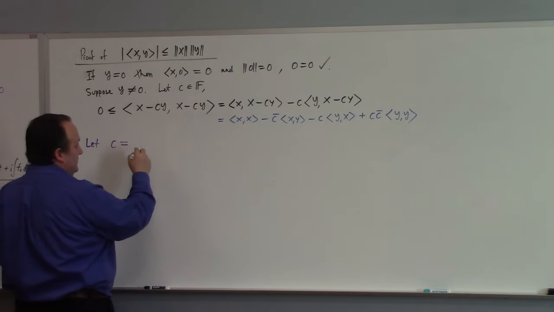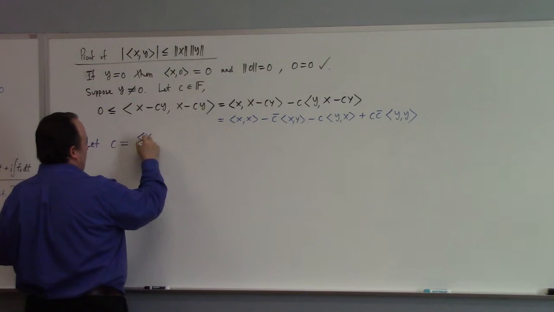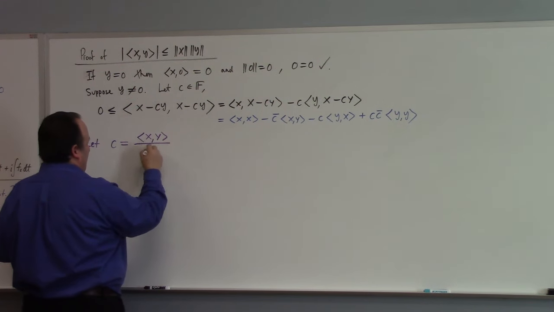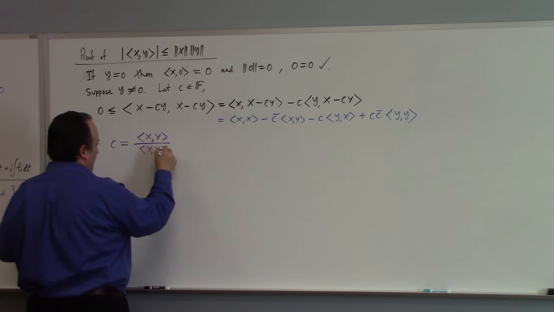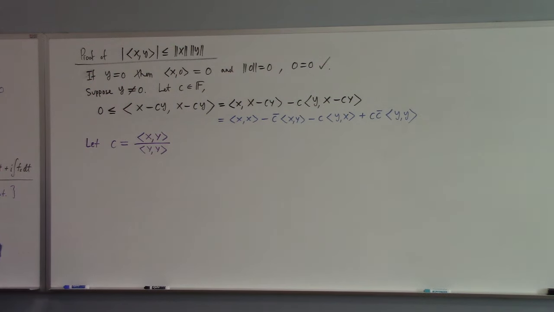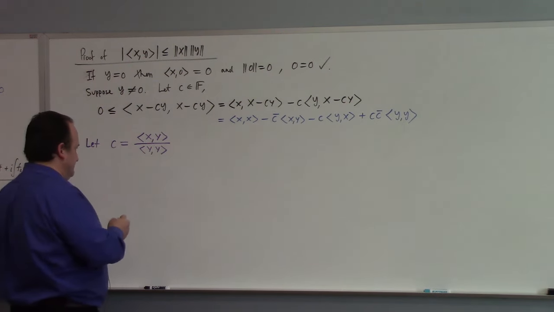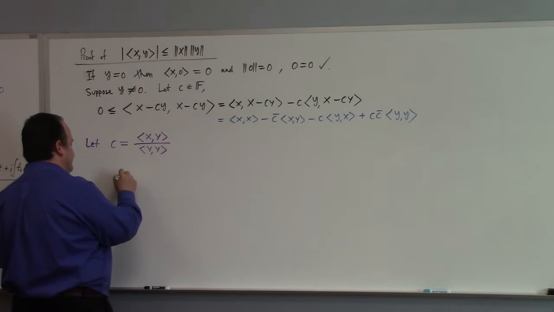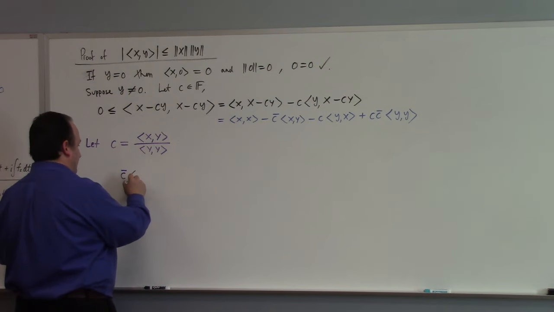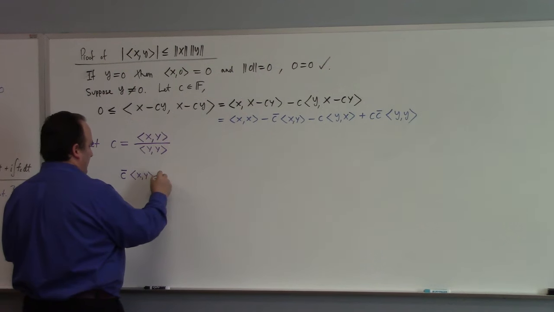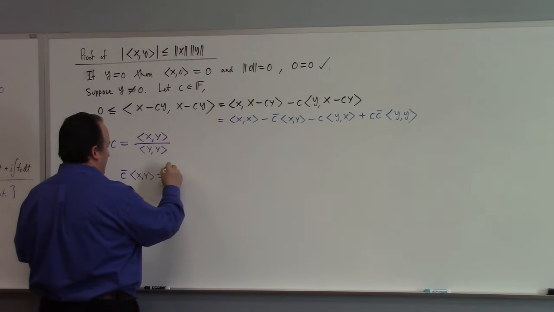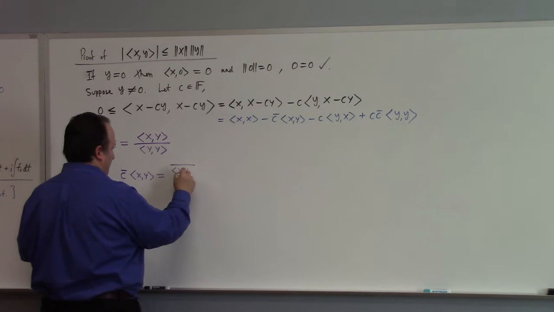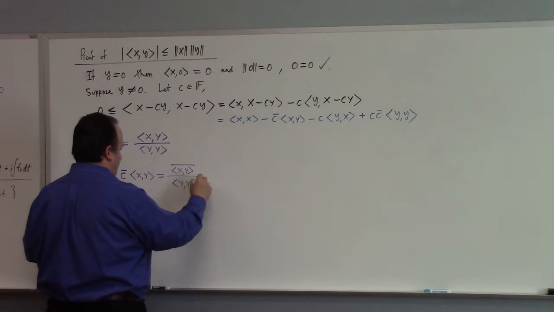Let c equal the inner product of x and y divided by the inner product of y and y. All right. Notice that c bar times the inner product of x and y is equal to the complex conjugate of the inner product of x and y, divided by the inner product of y and y, times the inner product of x and y.